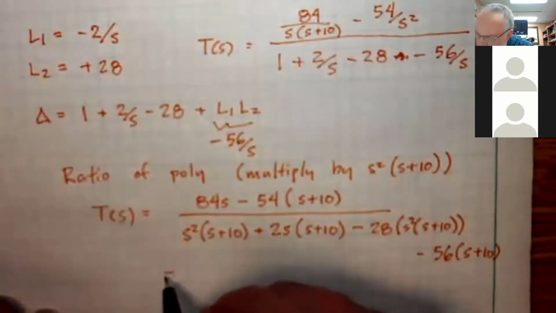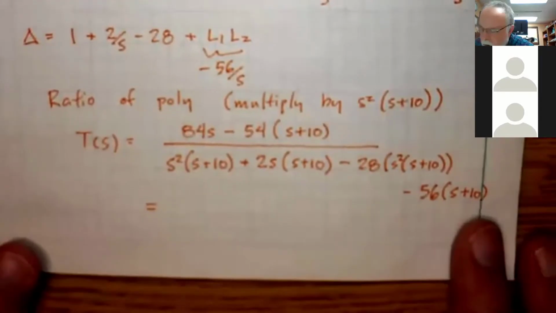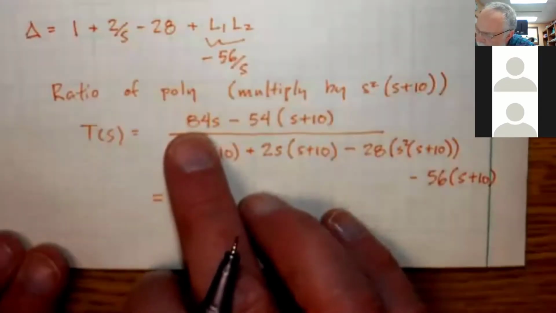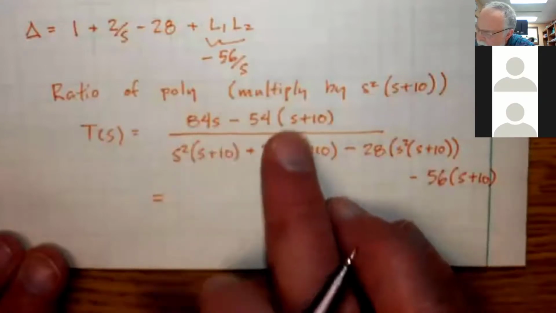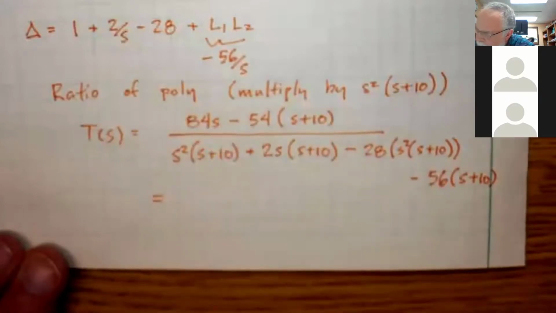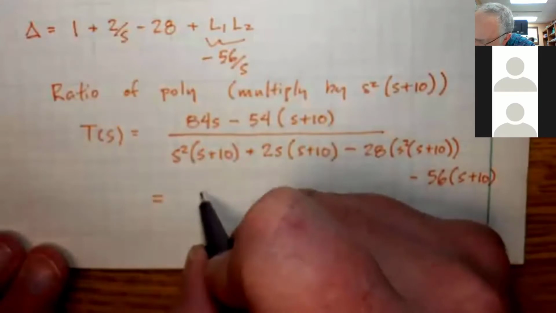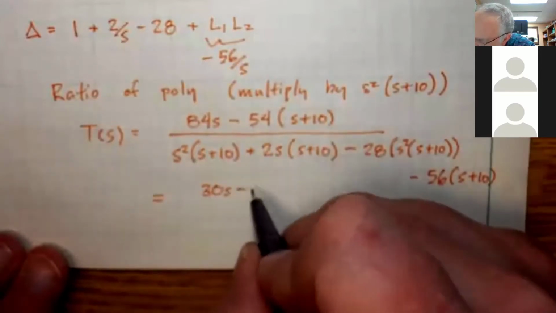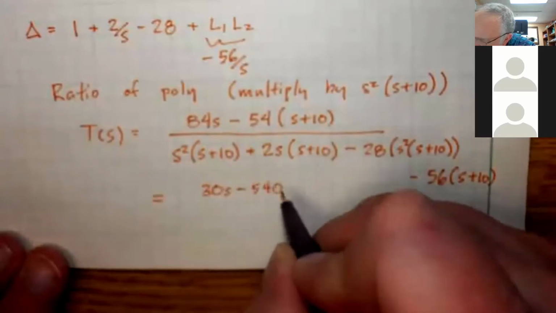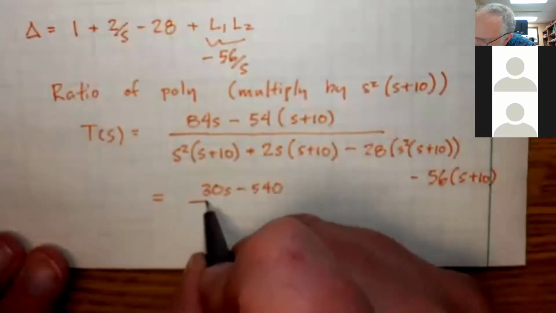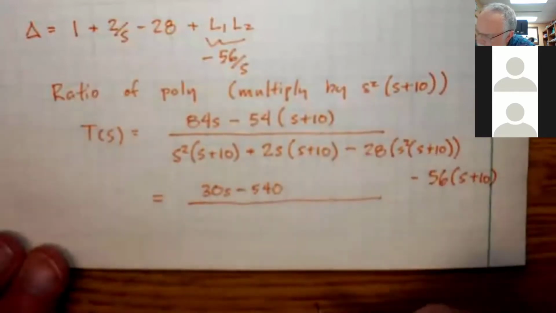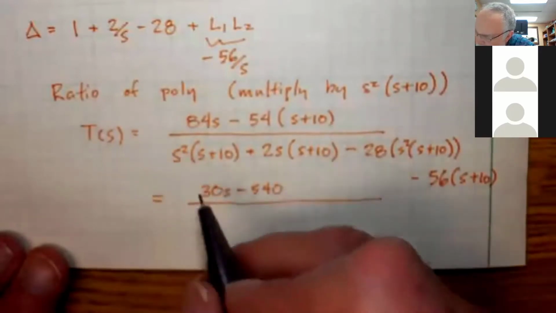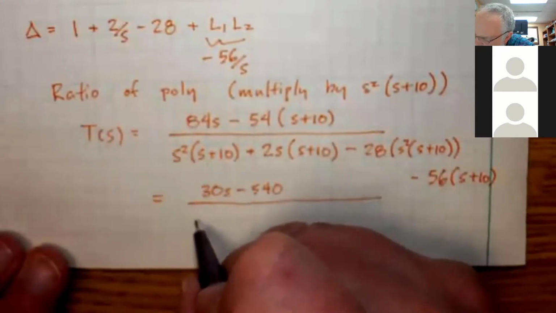So again, we can simplify it some more. We got 84S minus 54S, that's going to be 30S, right? 30S minus 540 over, well, oh, this is going to take more work than I thought.